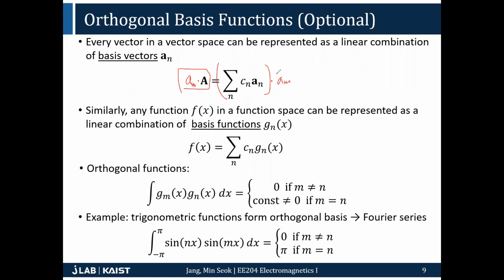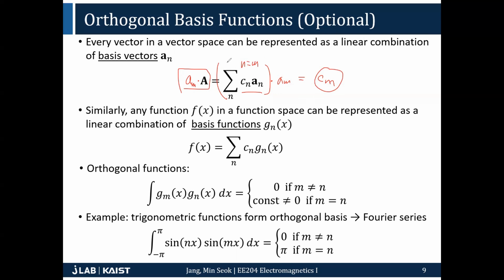And then here, you know that by the orthogonal basis system, all the terms other than n equals m go away, right? So that this becomes Cm. So Cm is equal to Am dot A. So that's how you determine the coefficient from this relation, right?